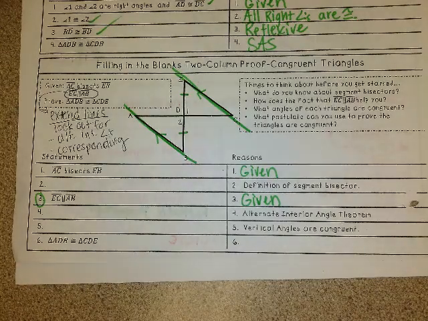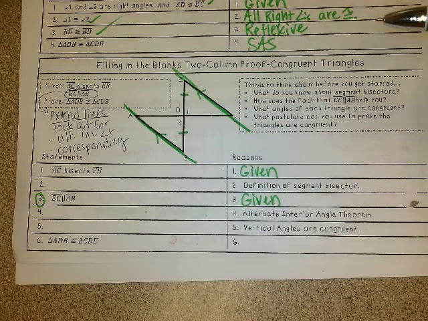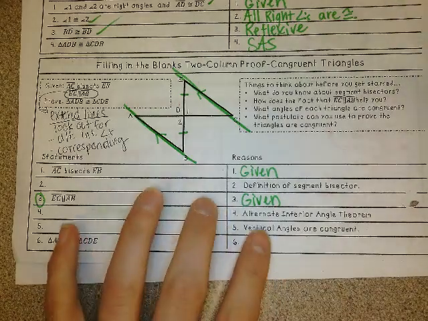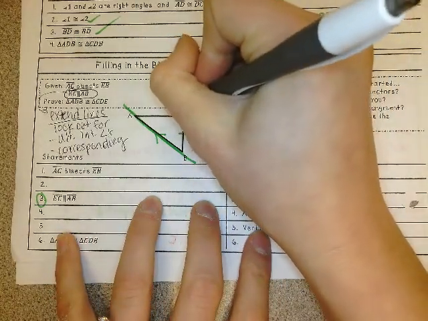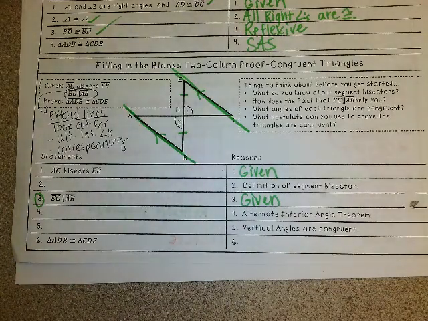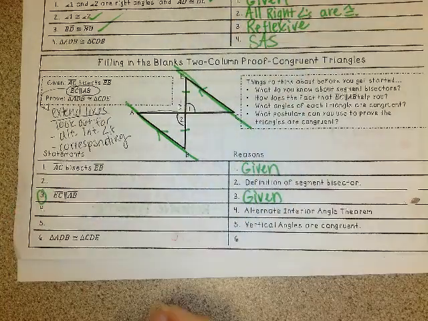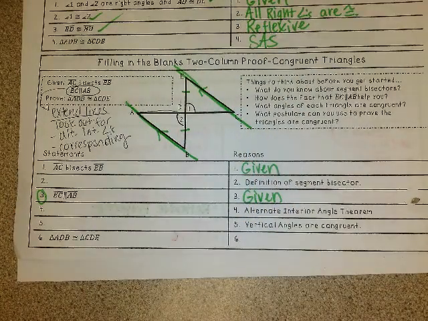Right now I've only got 1 congruent pair, and I need 3. I know that angle 1 and angle 2 are congruent by vertical angles, so now I've got 2. I cannot assume anything about these 2 sides.